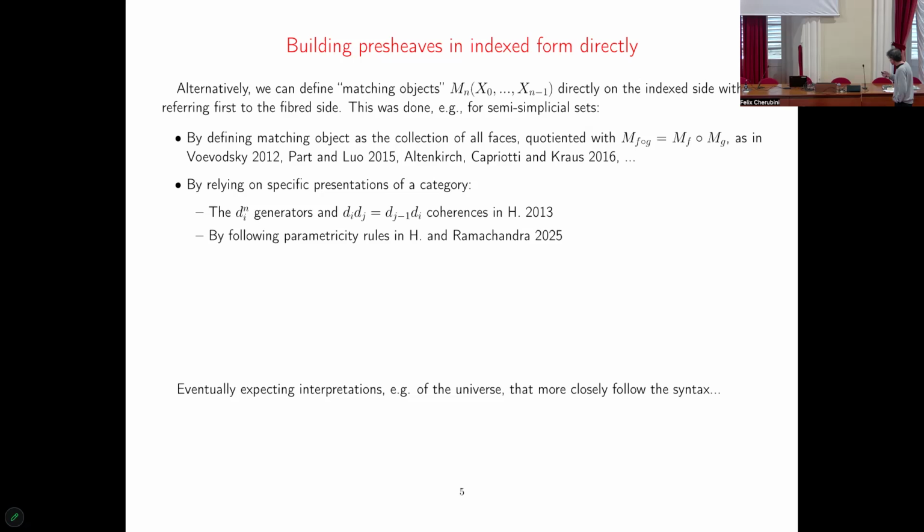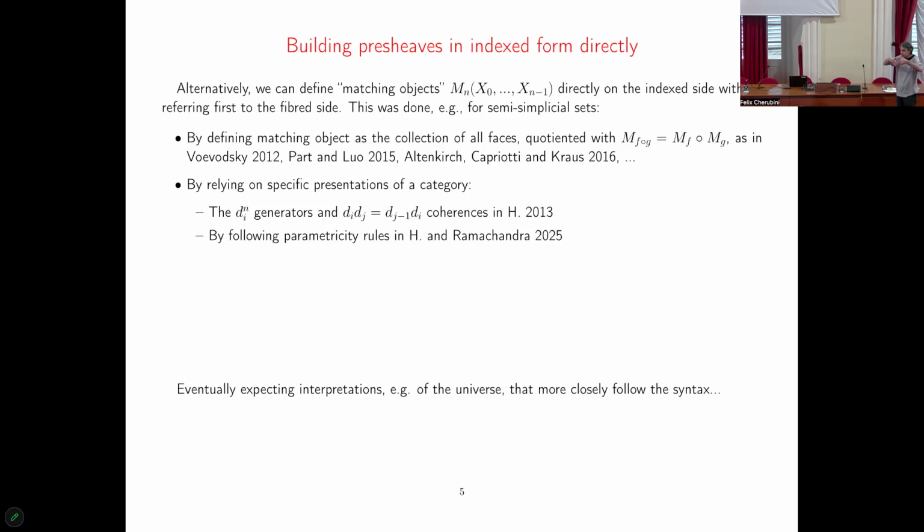Why use this kind of presentation? This is why I was mentioning the talk of Ambrus. There is a distance between the syntax and eventually the semantics. There is obviously a distance when you take type theory, which has dependent types, and you have presheaf models in the fibered style. Can we reduce this distance?